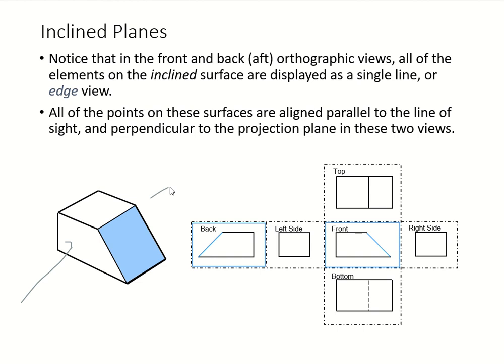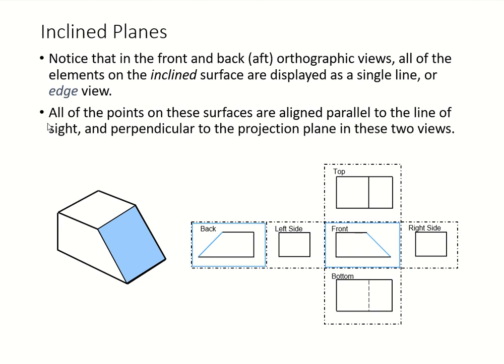If you look at your pictorial from the back, you're going to get that, of course. The same surface is defined by this single line or edge view. Practice to see it.